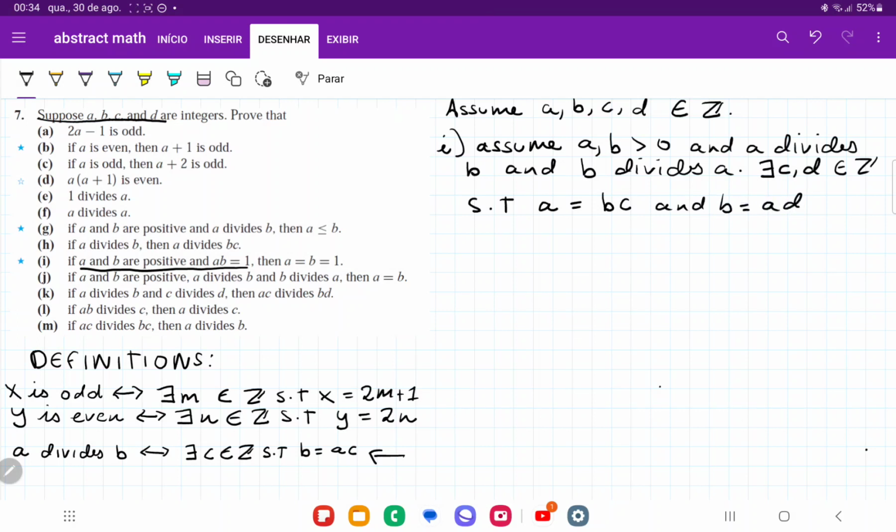Okay, so we have just used the definition of a number that divides, right?